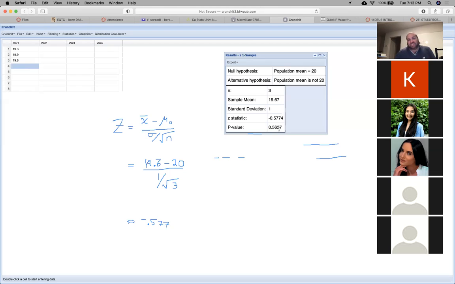Is that a statistically significant result or not? It's not. If there's a 56% chance of something occurring, then when it occurs, you don't question the validity of the null hypothesis, right? It's going to happen more often than not. Why would you say the null hypothesis isn't true? That doesn't make any sense. So you do not reject the null. I don't have to give you an alpha for that. You just do not reject the null hypothesis. Okay, does that make sense?